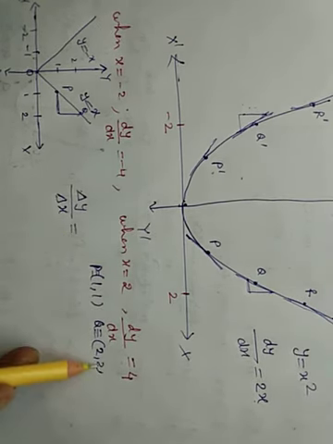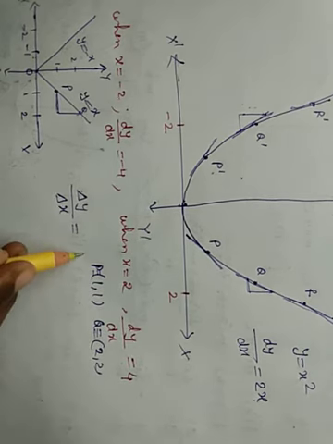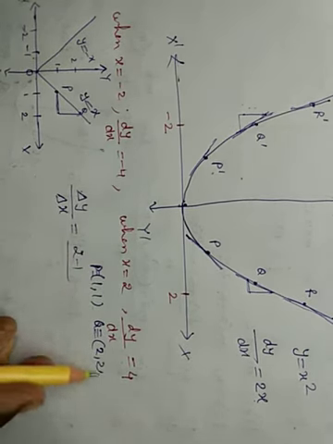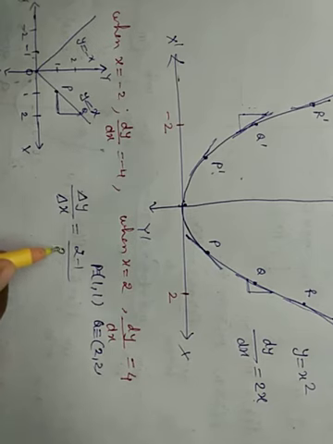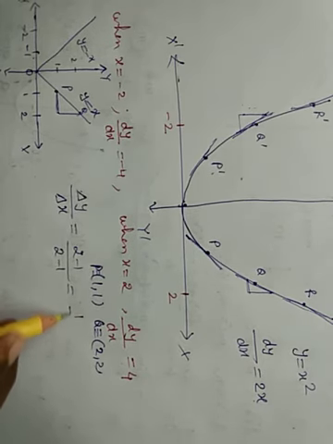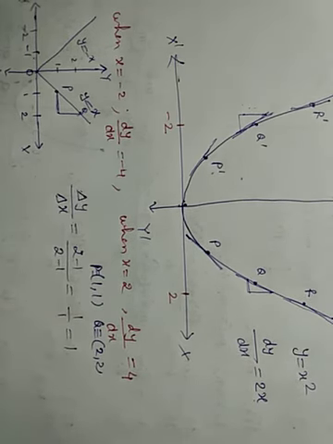Delta y by delta x, y2 minus y1, 2 minus 1, again x2 minus x1, 2 minus 1. You will get the answer 1 upon 1, that is 1.